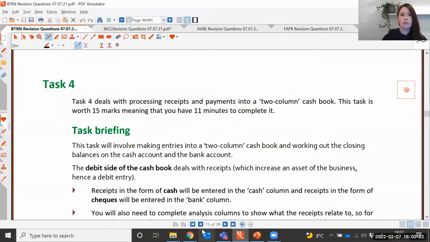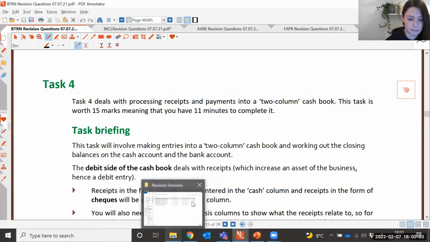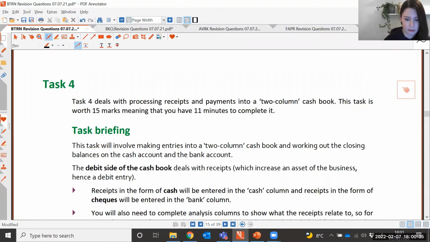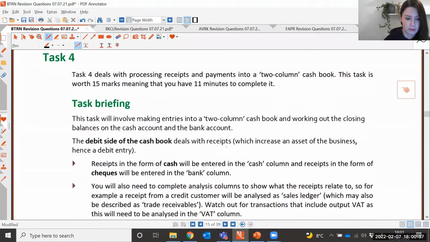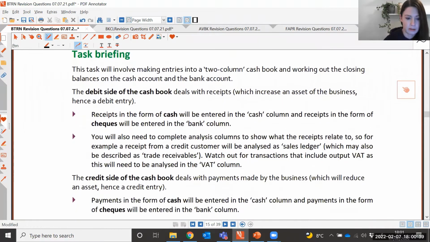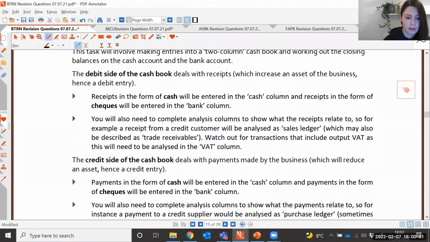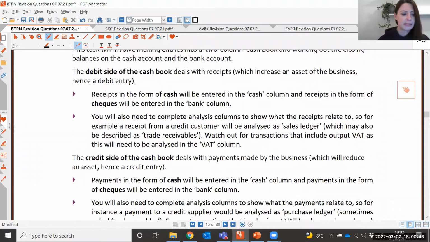Okay, so first of all, bookkeeping transactions, we're having a look at the two-column cash book. Remember, the debit side of the cash book shows receipts, which is money coming into the business.